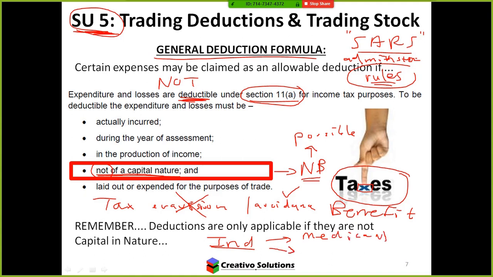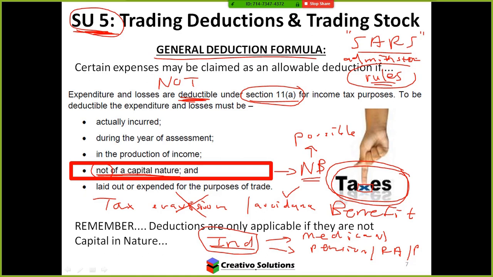You probably contribute to a pension or a retirement annuity or RA or a provident fund, whatever it is. The only reason you probably do that is not only to benefit you and your family, but also to take advantage of reducing your taxes. If you didn't contribute to medical, you're going to end up paying more taxes.